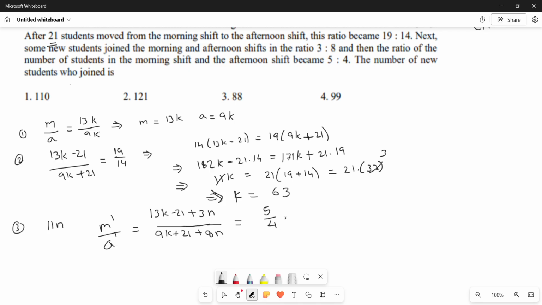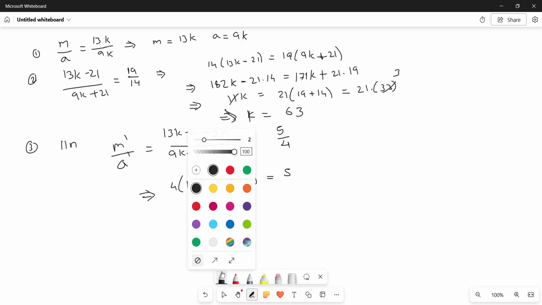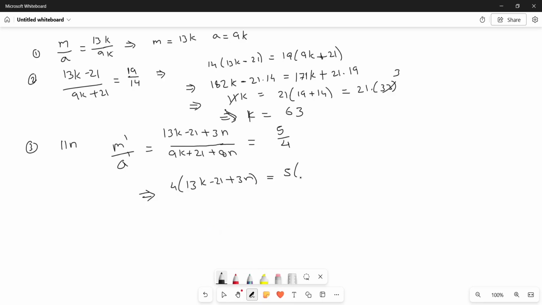Now let's simplify this. This will give us 4 into 13k minus 21 plus 3n equals 5 into 9k plus 21 plus 8n.